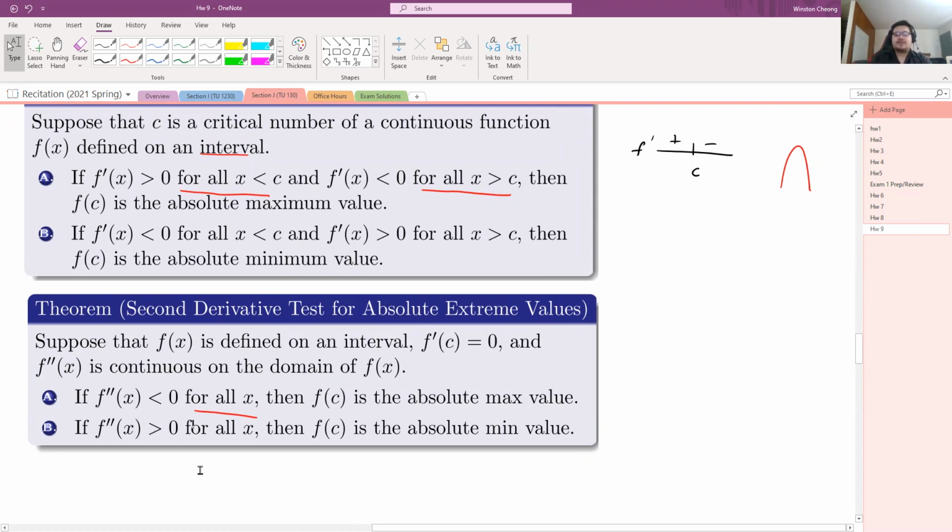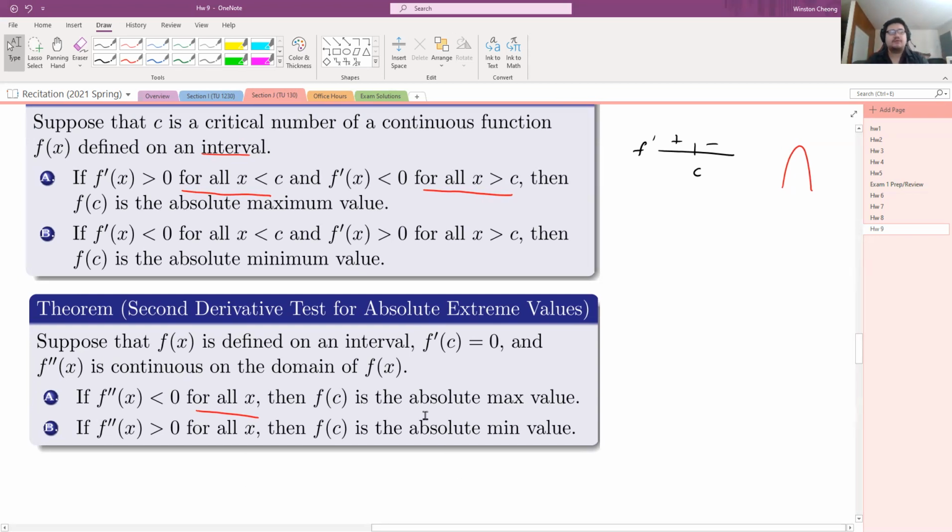If you just plug in c, you're asserting something that is local to c, that is near c. But when we're saying for all x, we're actually talking about something that's global. We're talking about something that occurs on this entire range of possible values of x. So you see there's a subtle difference there.